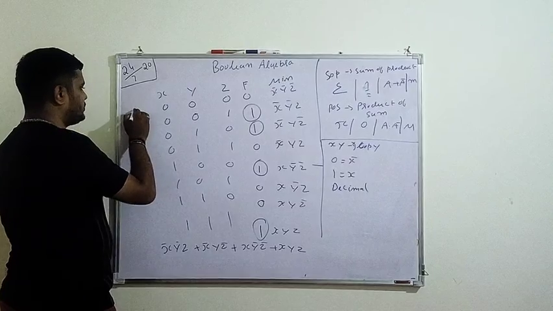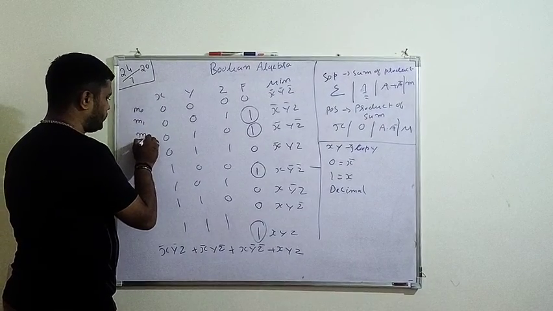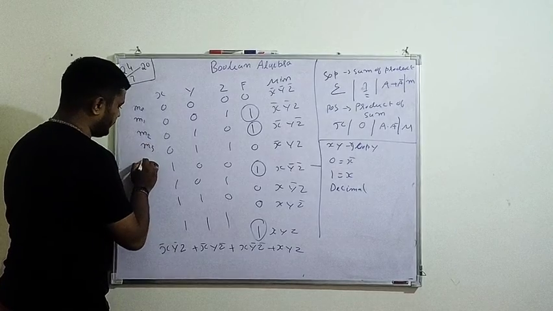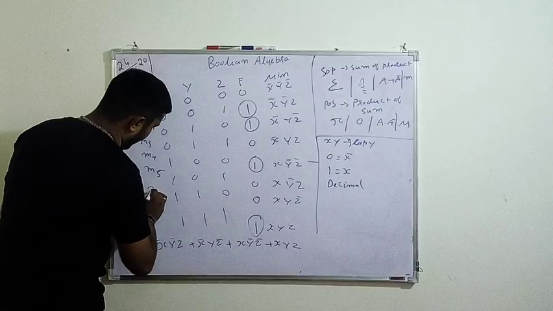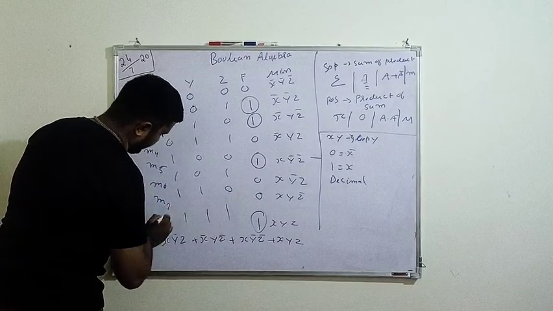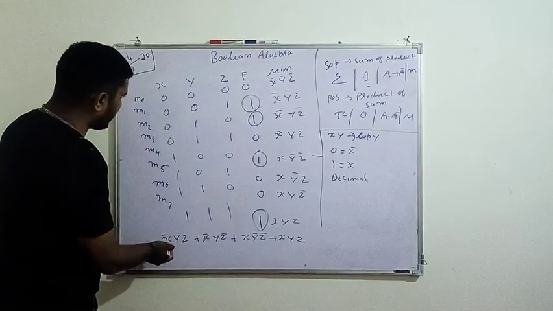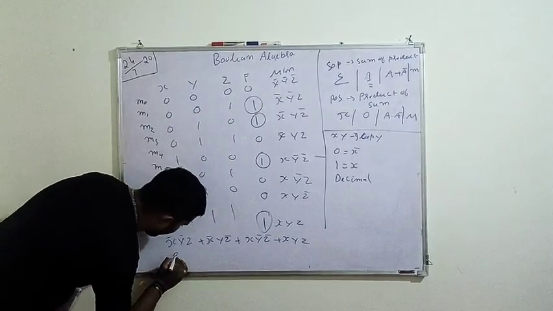Now I will write the values here. M0, M1, M2, M3, M4, M5, M6 and M7. So x bar y bar z, x bar y bar z, so it becomes M1.